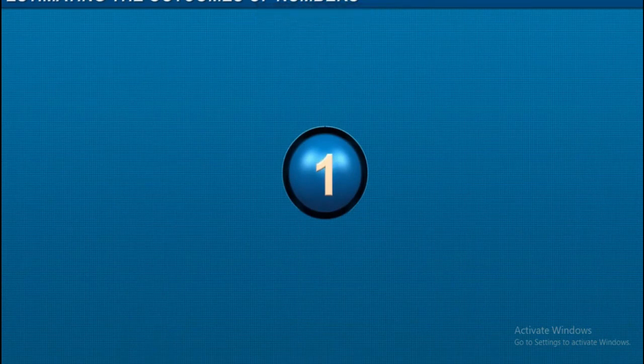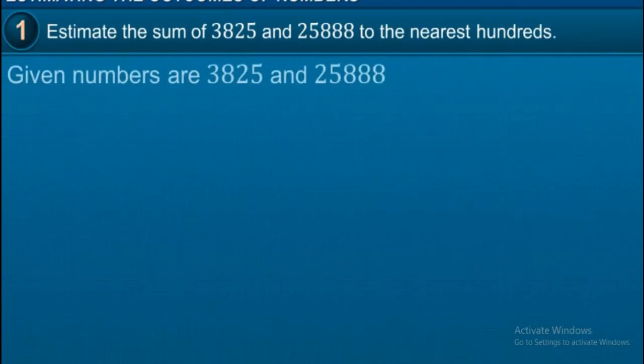Estimate the sum of 3,825 and 25,888 to the nearest hundreds. The given numbers are 3,825 and 25,888. We need to round off the numbers to the nearest hundreds before calculating their sum.